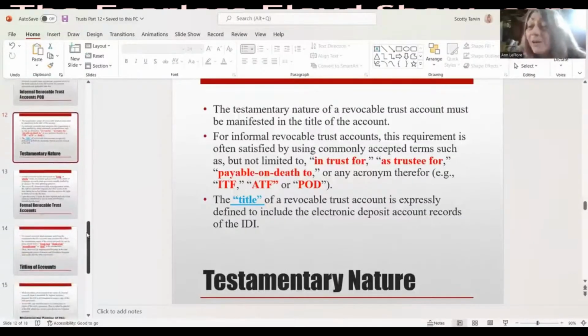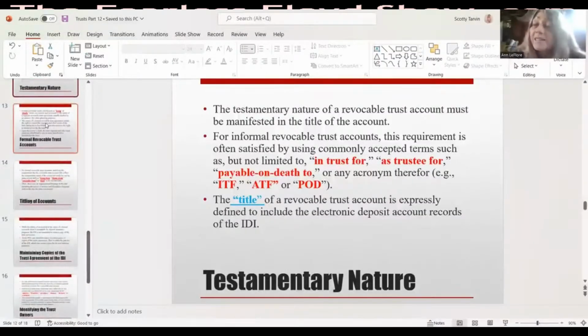Okay, we did go over this in our last class, our fourth class. This is creating titles of trust. Sometimes banks want you to have your full given name, or if it's two people, both your names, like John and Linda Doe, Revocable Living Trust.